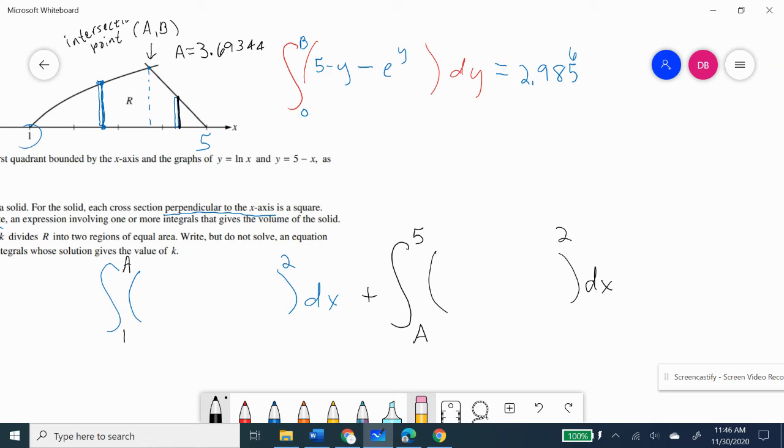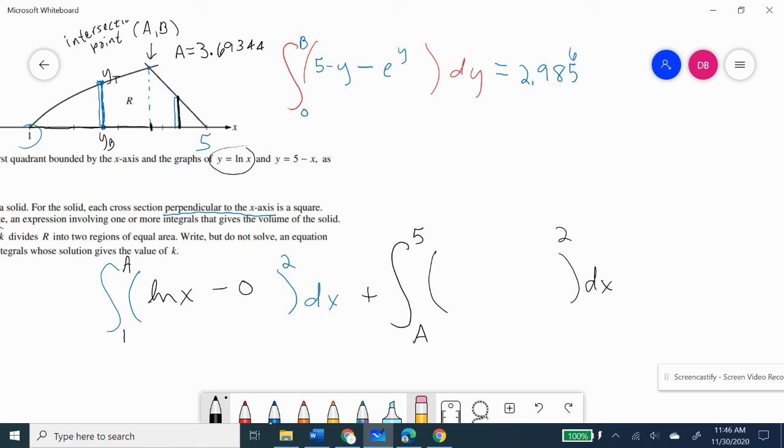So for the integral where I am working with x equals 1 to A, the top y is natural log x. The bottom y is 0. I don't have to write minus 0. I will for the emphasis, you do not need to.